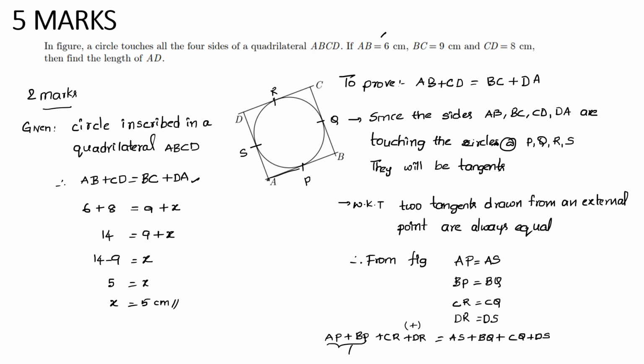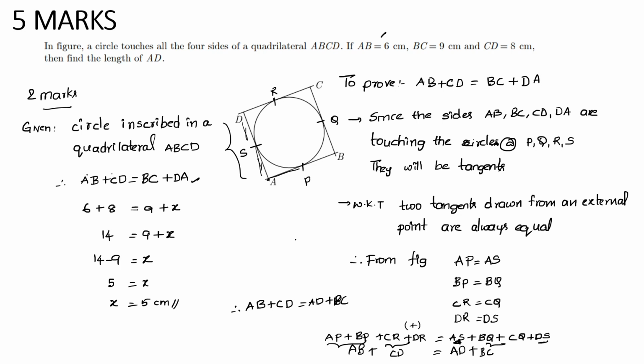So AB plus CR plus DR, which is CD, is equal to AS plus DS, which is nothing but AD, and BQ plus CQ is nothing but BC. So therefore AB plus CD is equal to AD plus BC. That's what we have found. AB plus CD is equal to BC plus DA. And this is how we'll prove it.